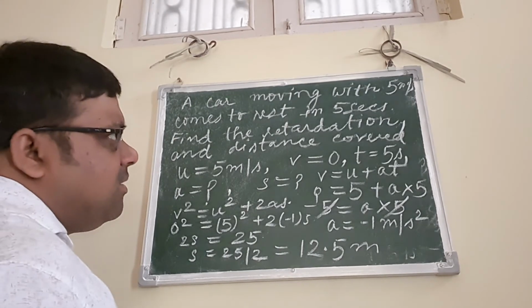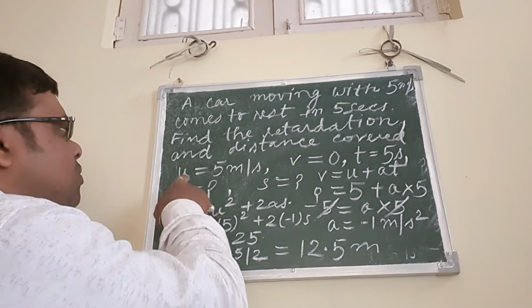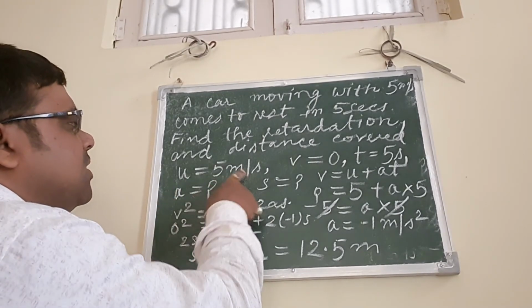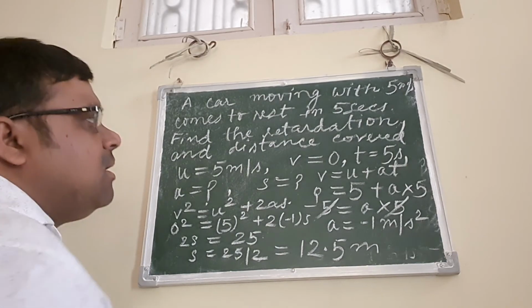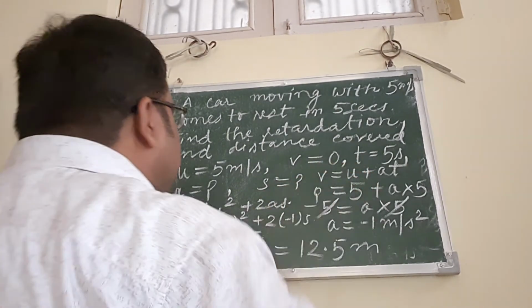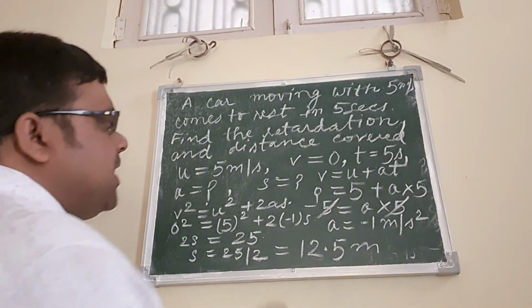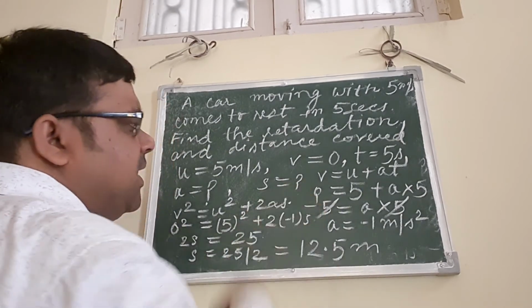So here we are going to understand the question once more. u, initial velocity, was 5 meter per second. v, final velocity, was 0. Time was 5 seconds. a is the acceleration that we have to find. s, distance covered, we have to find.